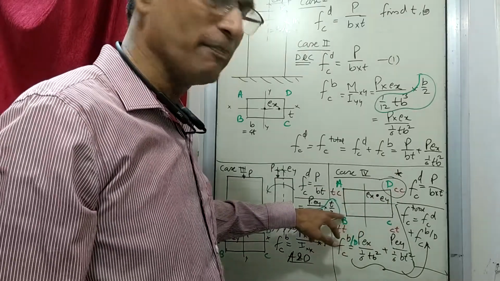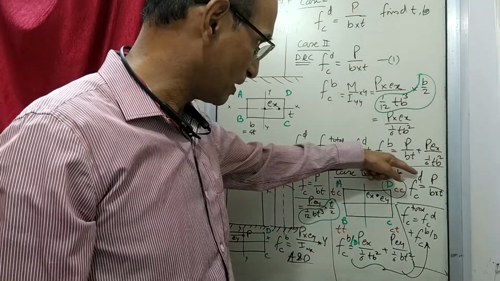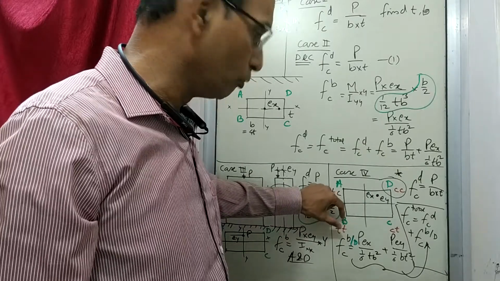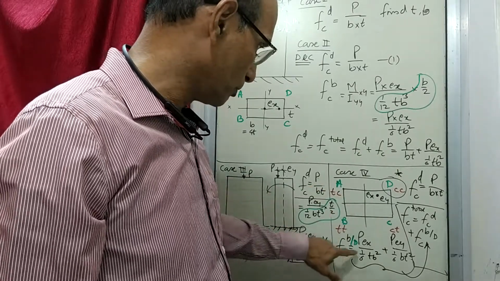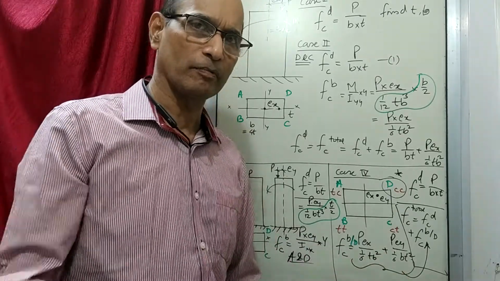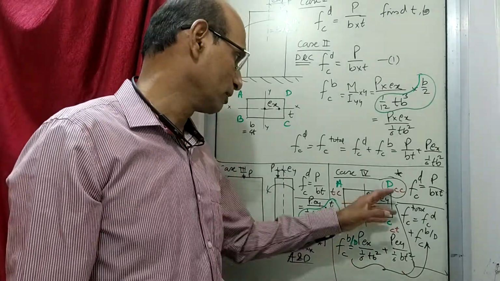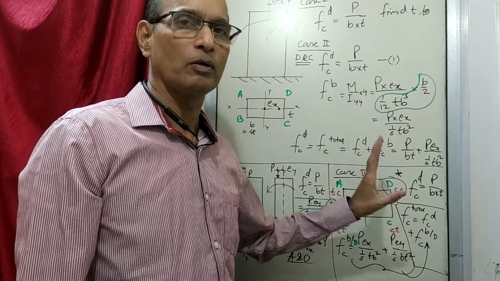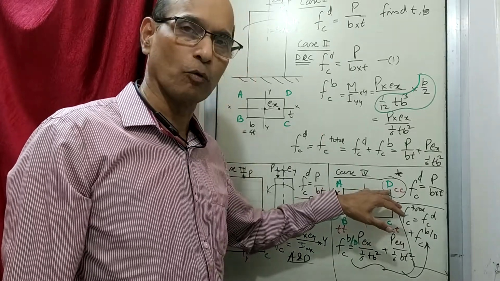If you want to find out at B, then it will be direct, which is same as this, and then the two bending stresses will be tensile. In fact, the values will be same, but they are of tensile type. So that way you can find out the stresses at all these points. But for the design purpose, we are taking the worst situation.